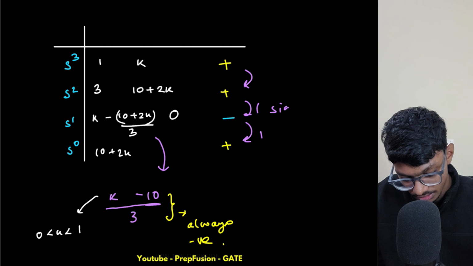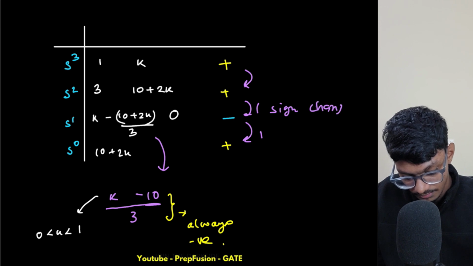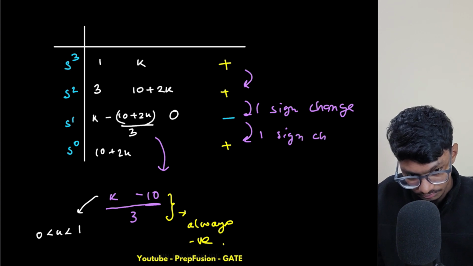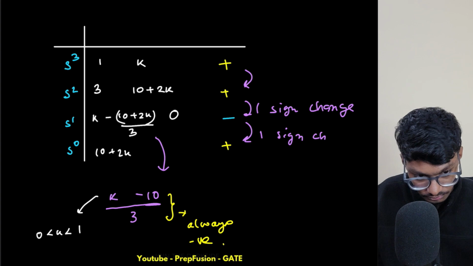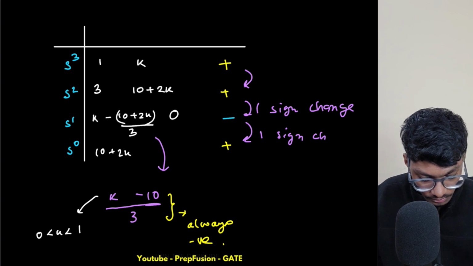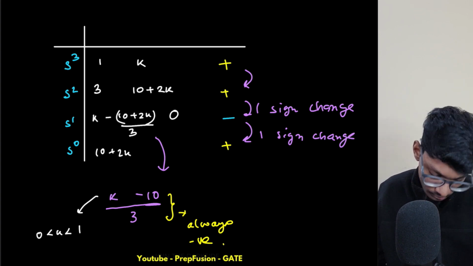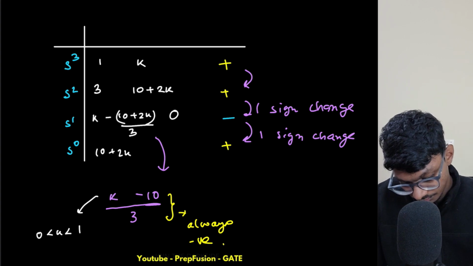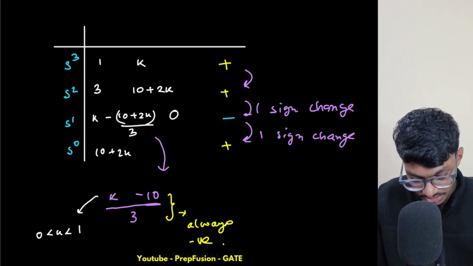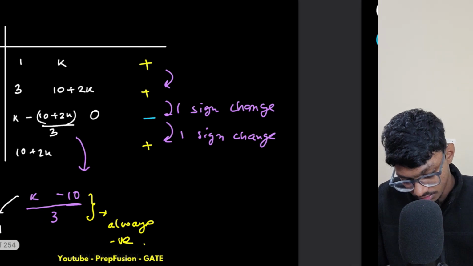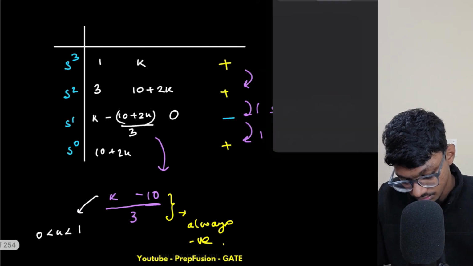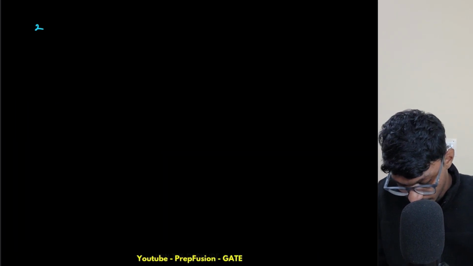So one sign change and one sign change. So I have two sign changes, hence total two sign changes, right?